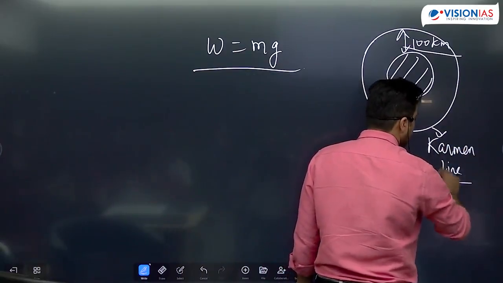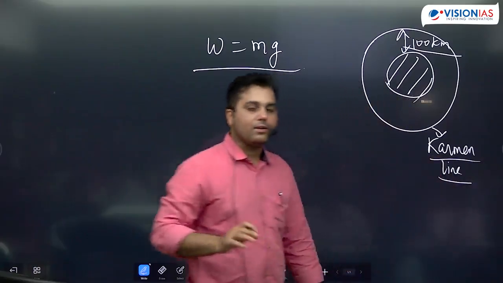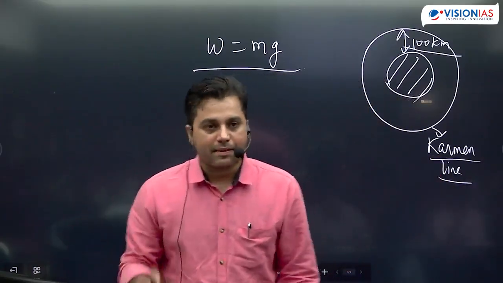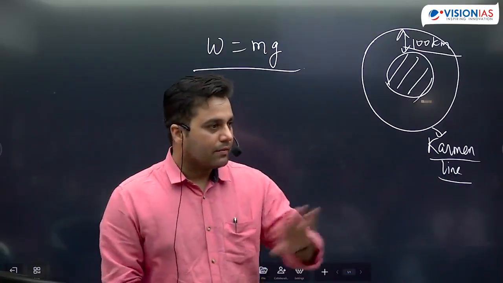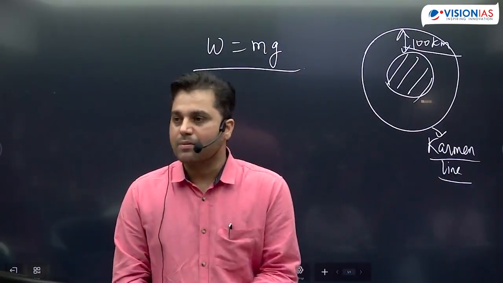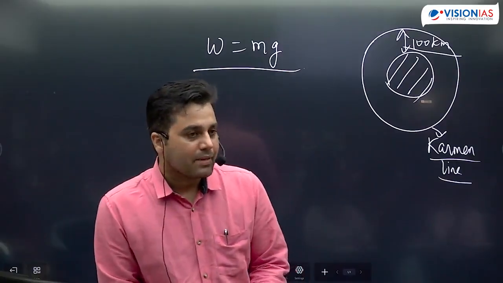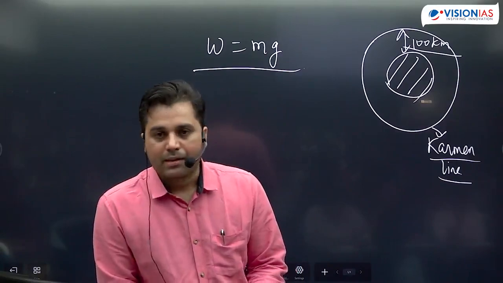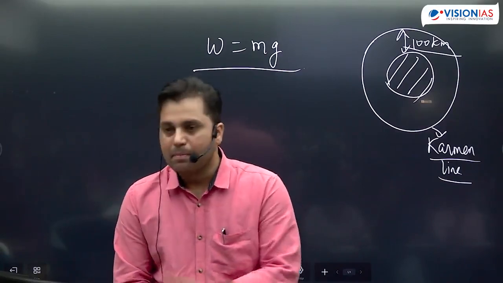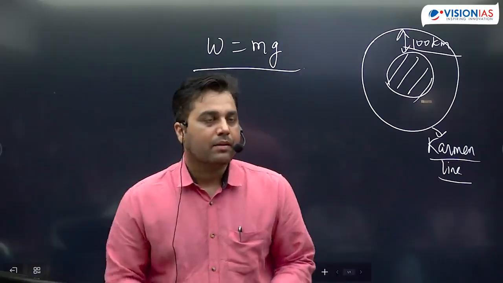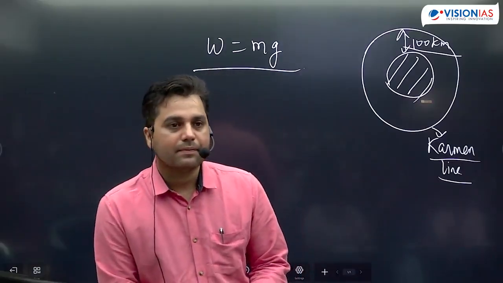I will repeat, Kármán line has no scientific logic. We are using it only so that all of us are on the same parameter when we use the word space. What do I mean by the word space? So some think tanks do use this term, and this has become quite popular. Many people now use this concept of Kármán line.